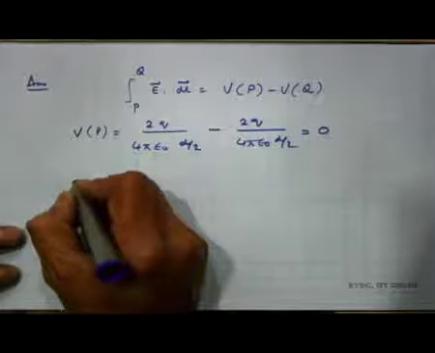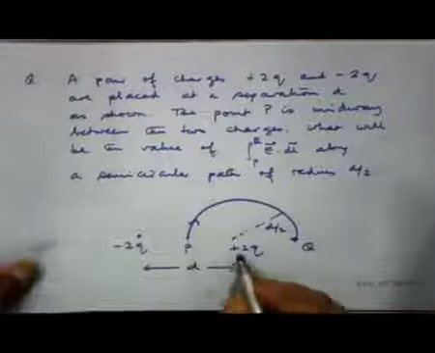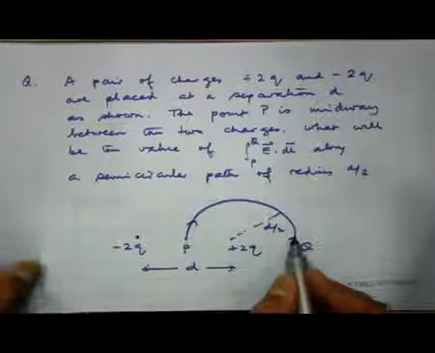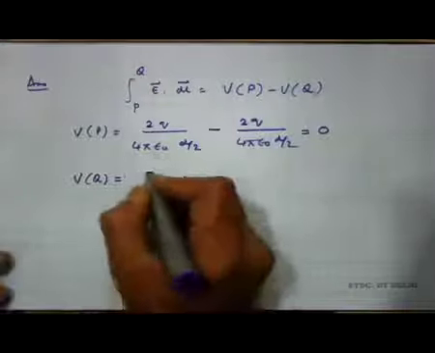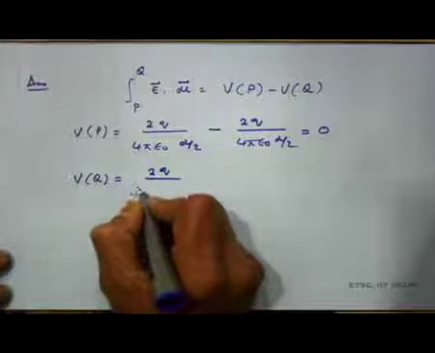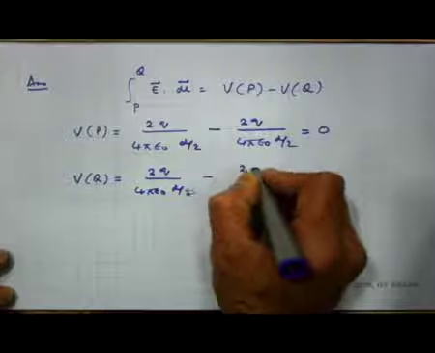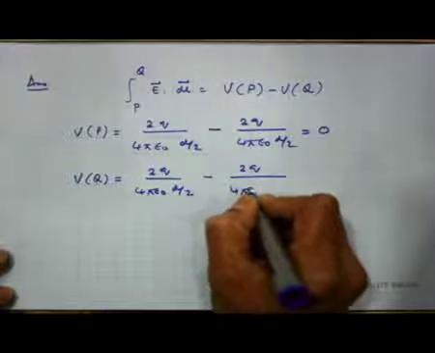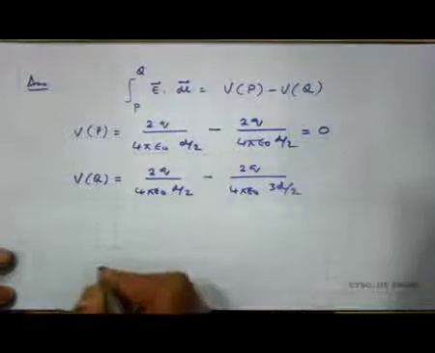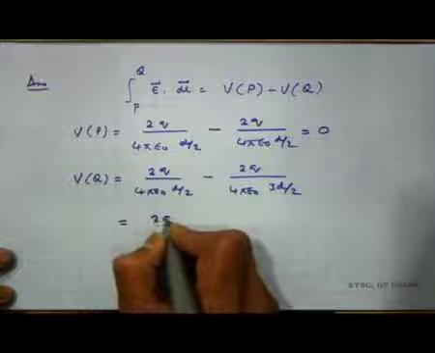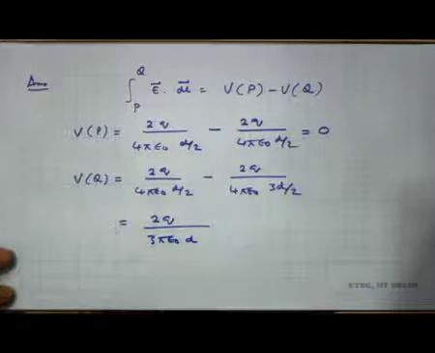What about the potential at Q? So, Q is at a distance d by 2 from plus 2 q and 3 d by 2 from charge minus 2 q. So, the potential is 2 q by 4 pi epsilon 0 into d by 2 minus 2 q by 4 pi epsilon 0 into 3 d by 2, which you can simplify and show this is 2 q by 3 pi epsilon 0 d.